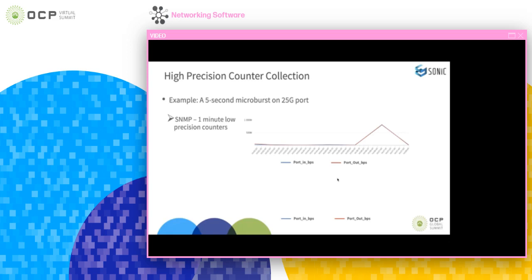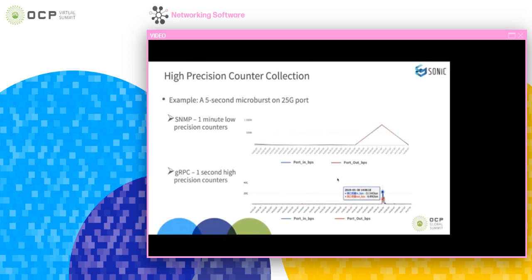For example, a 5-second microburst will show up as a long range of low volume traffic on an SNMP-based counter collection system. So the information is too coarse-grained. There are not many details to show this microburst.